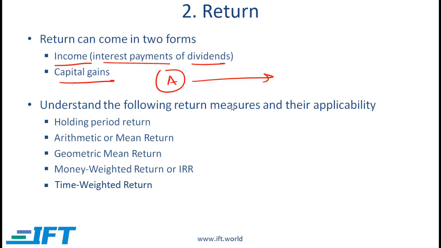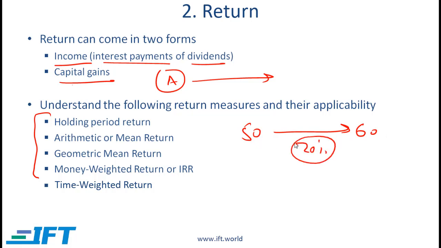You need to understand the following return measures and their applicability. You have seen these in quant, so most of the material here will be a review. A holding period return is simply the return over a specified holding period. If you buy a stock for 50 and after 2 years the stock goes up to 60, then we say that over the 2-year period the holding period return is 20%.